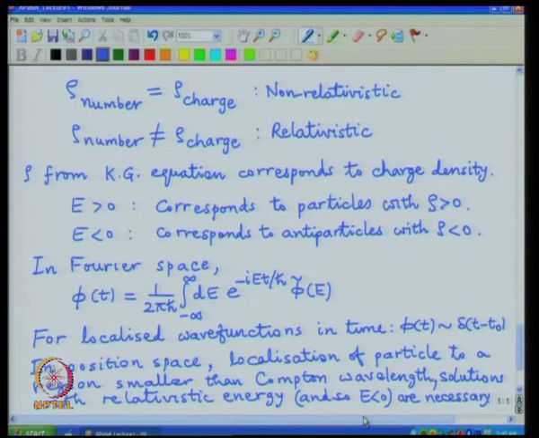If you want to probe very short distances or very short intervals in time, you must allow for negative energy solutions, or in other languages you must have a flexibility to create particle antiparticle pairs or annihilate them at very short scales, and this is indeed very well confirmed experimentally in high energy probes, where when you try to probe very short distances, immediately there are states which will either create or annihilate particles, and we have to accept that as a physical situation.